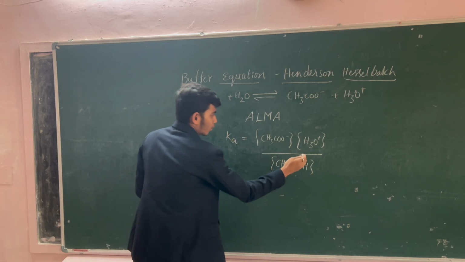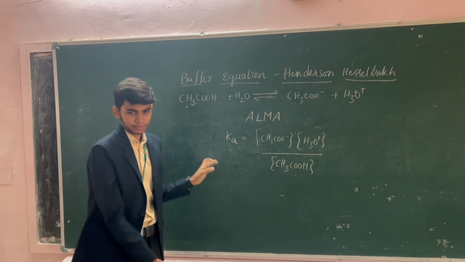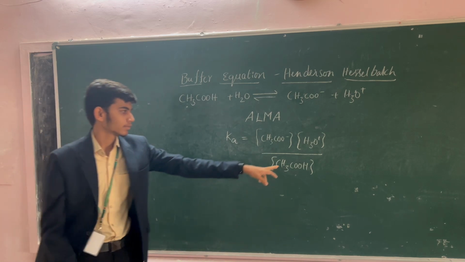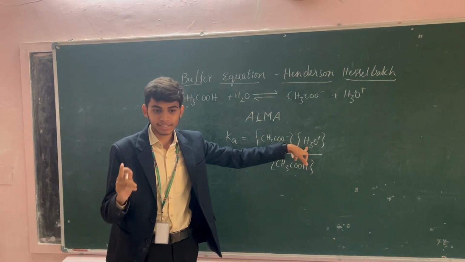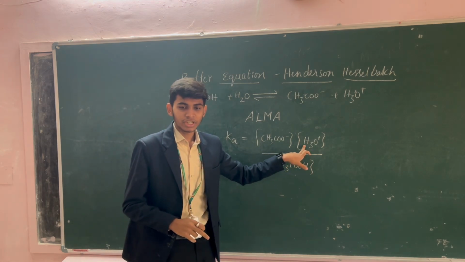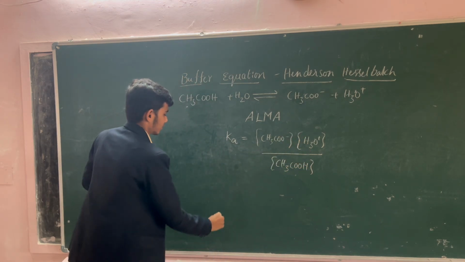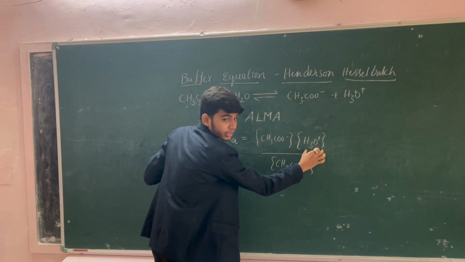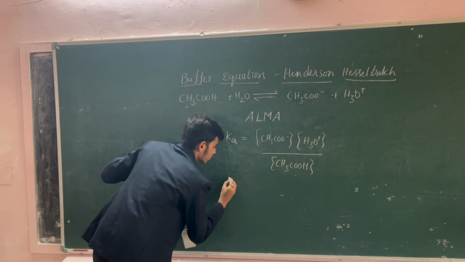Now, can you tell me which is the strong acid here? The hydronium ion is a strong acid. Recognize this. So that's why we are going to derive the hydronium ion concentration.